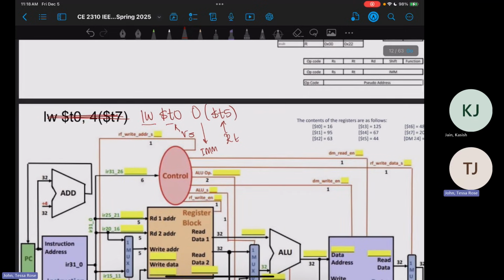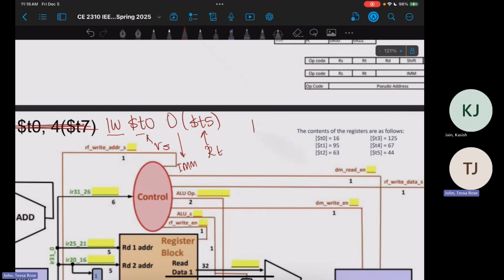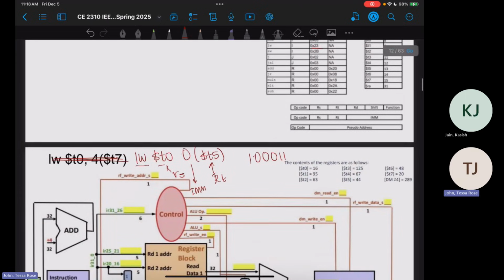So load is 23, so it should be here. 23 should be 100011. And if you remember, this is an I type, so it's this one.